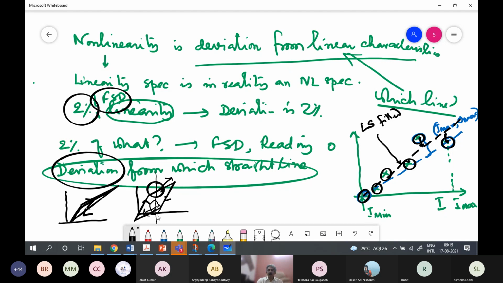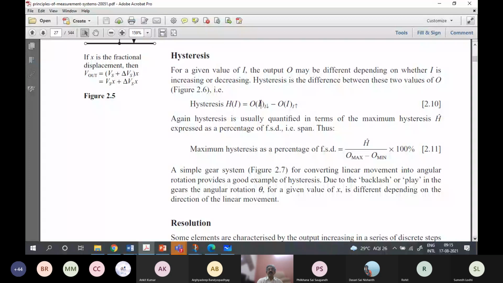So for a system with hysteresis, the value of the output when the input is decreasing and when it is increasing are different, and the definition of hysteresis is their difference. Some sensors, like magnetic sensors, or membranes, have elastic hysteresis. So in some sensors you may find this specification.